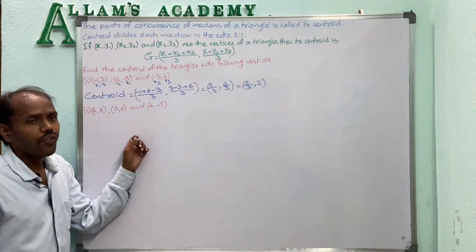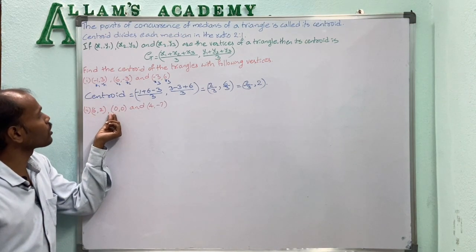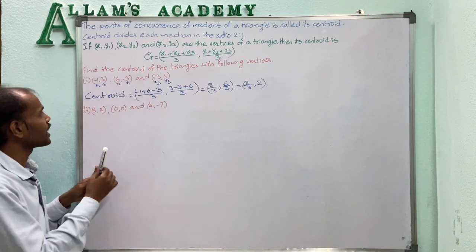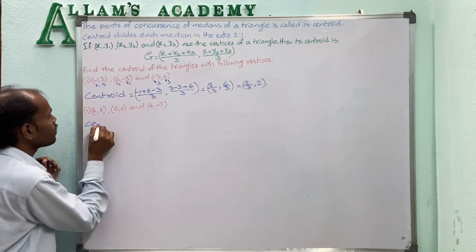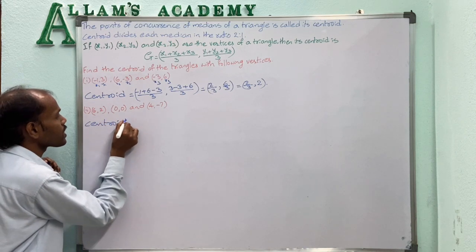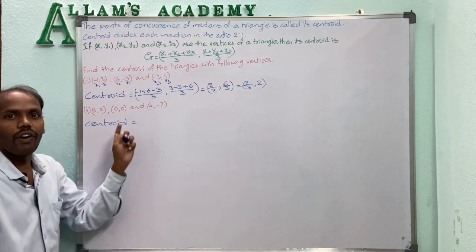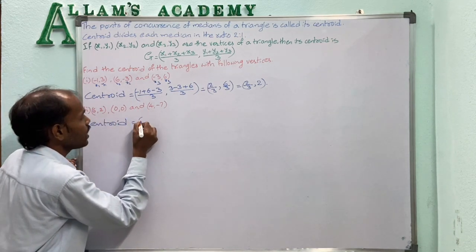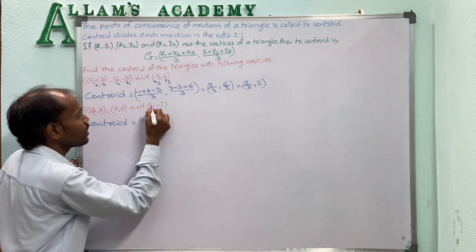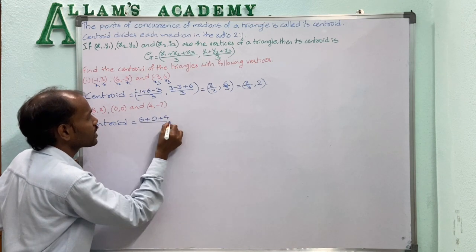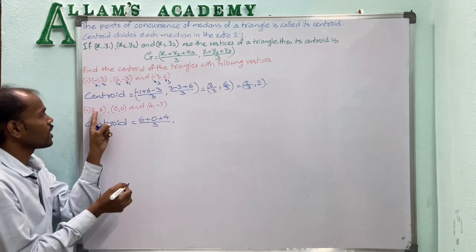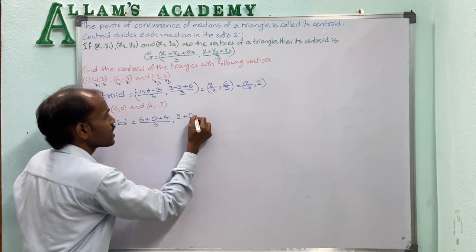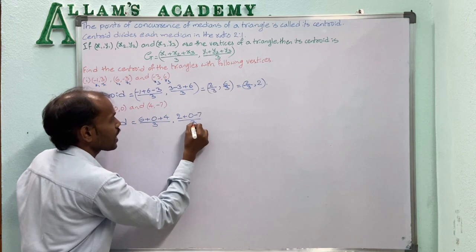So for the points (6, 2), (0, 0) and (4, -7), the centroid formula is ((x1 + x2 + x3)/3, (y1 + y2 + y3)/3). Here x1 is 6, x2 is 0 and x3 is 4, divided by 3, and y1 is 2, y2 is 0 and y3 is -7, divided by 3.